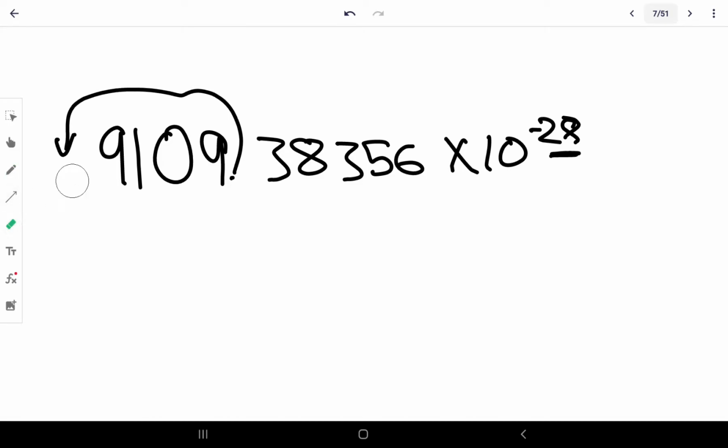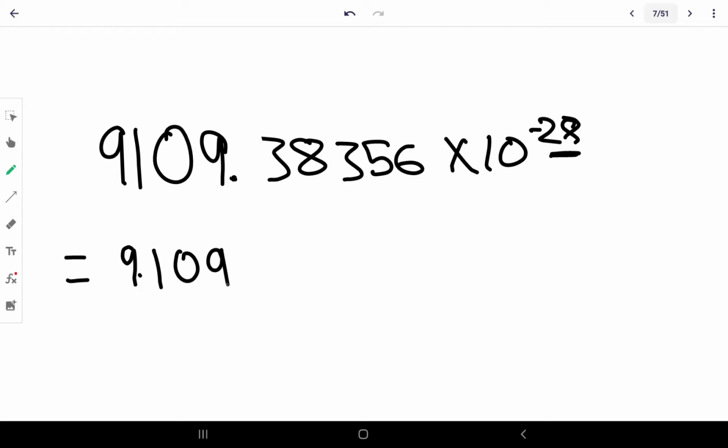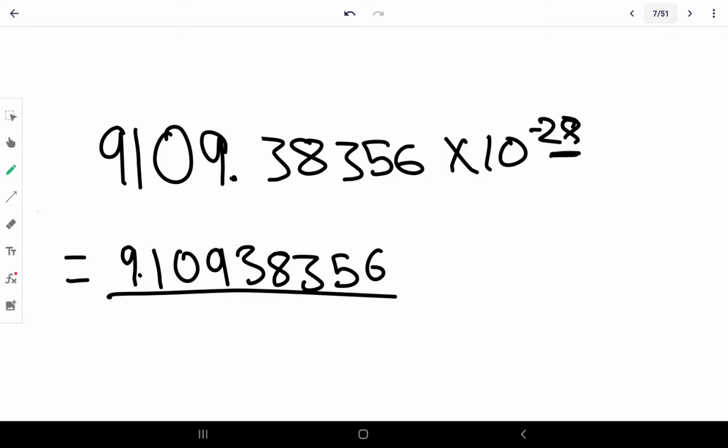They have already given it in a standard-like form, but still they are asking us to write it in standard form, because it's not strictly standard form. So how do we calculate it? Our number would be 9.1093836. So this is our standard form. How do you write it?